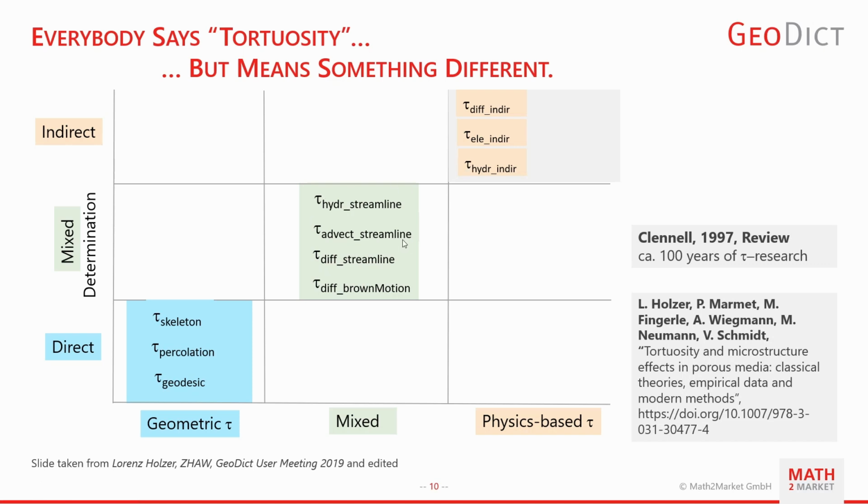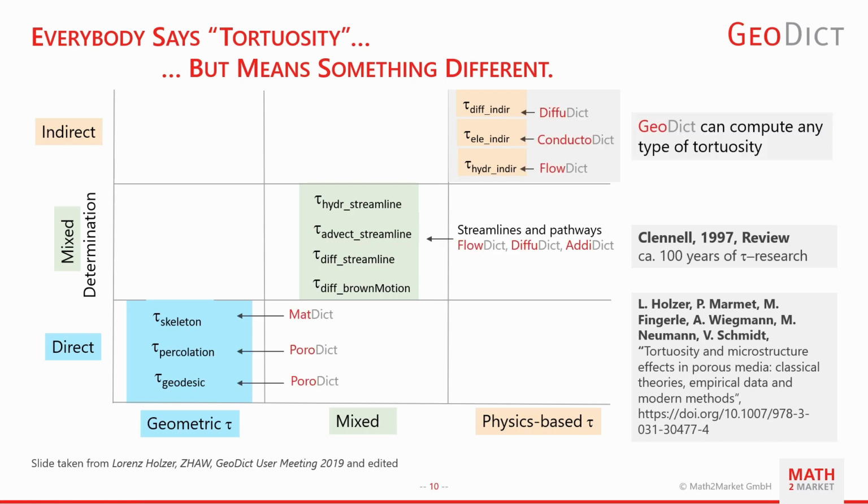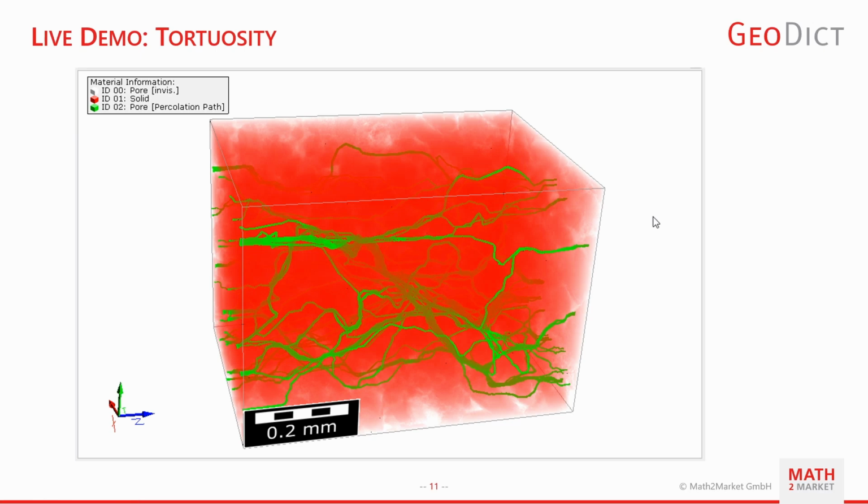And in the mixed methods, for example, you take a transport of a flow solution and compute the streamline. And the clue now is this is all possible with GeoDict. So I will now demonstrate how we can do that in GeoDict.